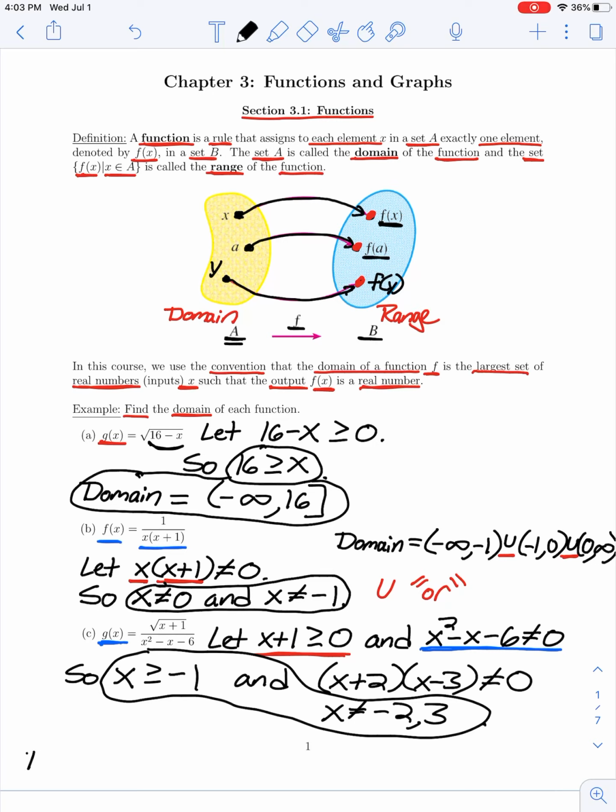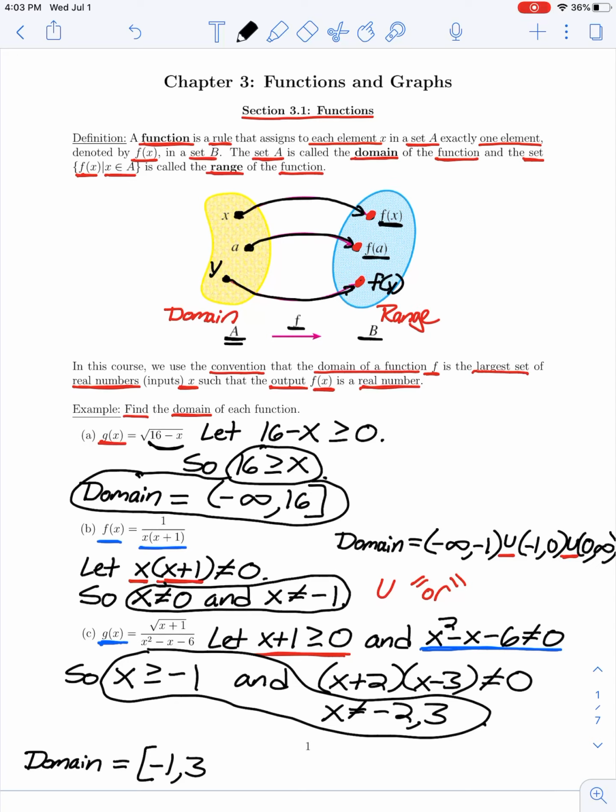Or if we want to write this using interval notation, we could say that our domain consists of all values of x which have to be greater than or equal to -1. So -1 is the smallest value that I could take, up through the value of 3.